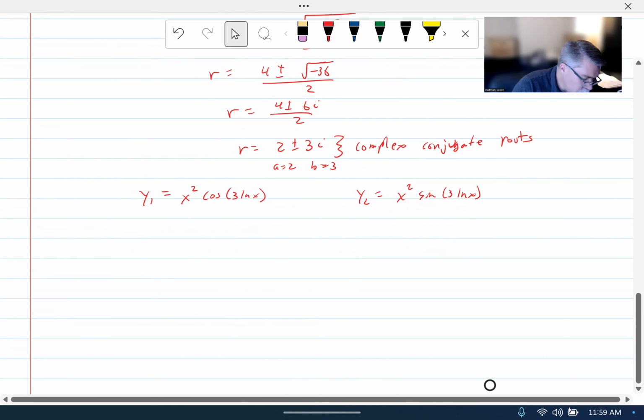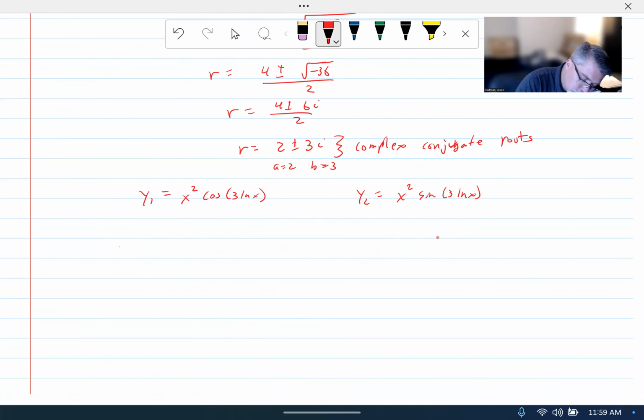Okay, so my general solution would be y of x is equal to c1 x squared cosine 3 natural log of x plus c2 x squared sine of 3 natural log of x. That's my general solution.